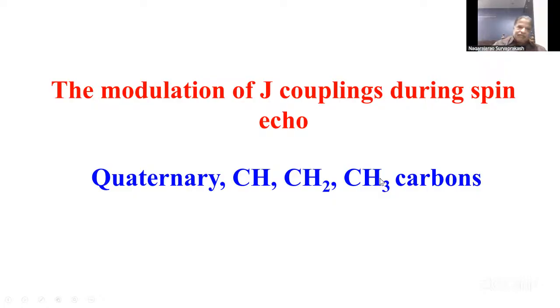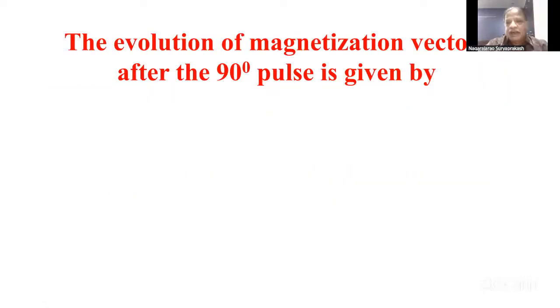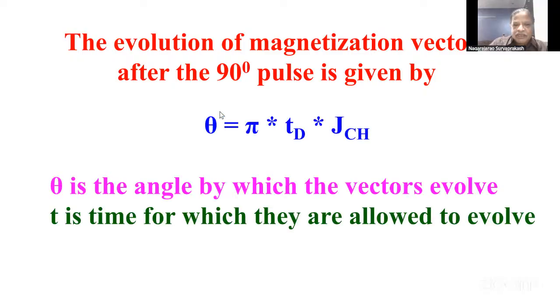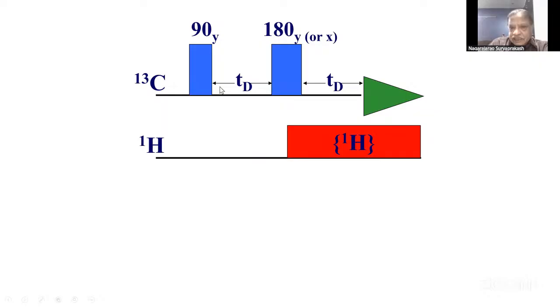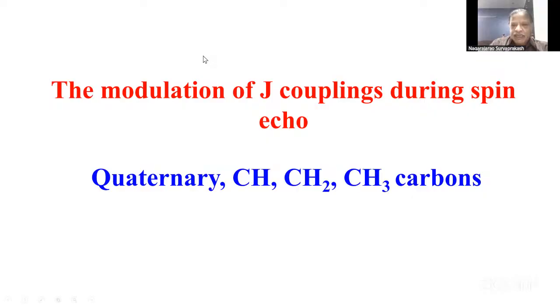This depends upon the splitting pattern. For example, how much each vector moves is given by this equation. I told you in this pulse sequence there is a delay here, which is of the order of a few milliseconds. During this time, the vectors will start moving. How much they move is given by this equation.